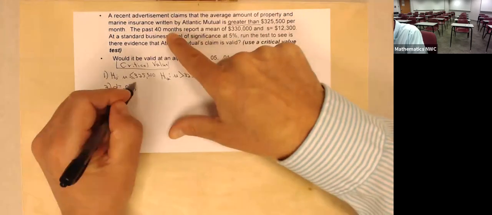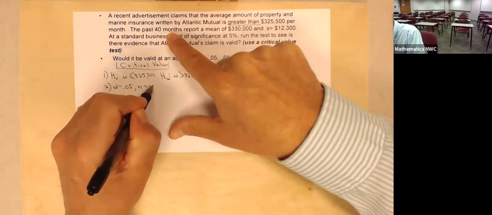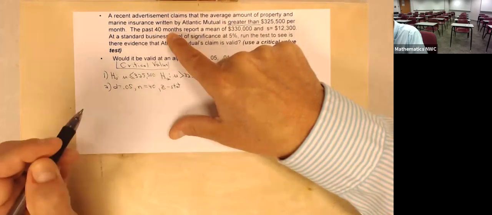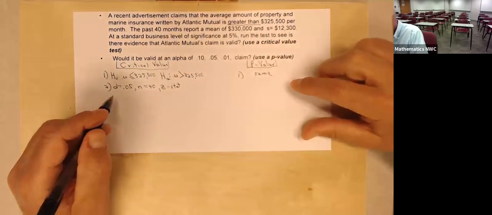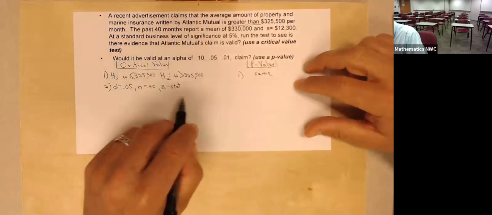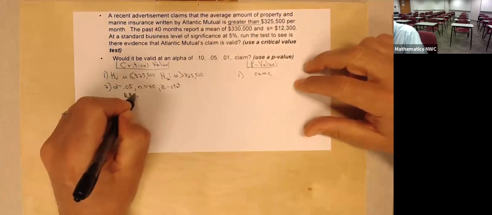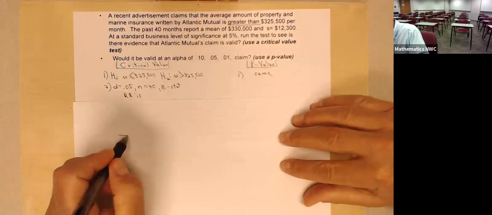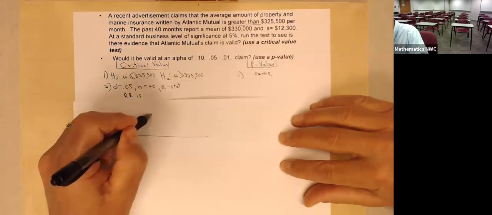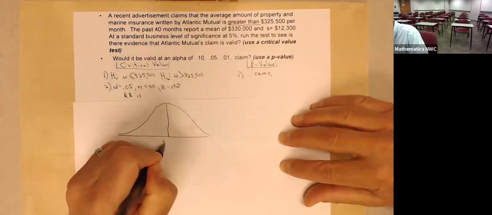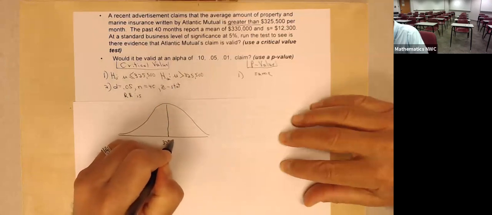I had a sample size of 40, which meant I had a z-stat. I have an alpha level of 5%, so my rejection region, again, that drawing, I'm testing against 325,500.